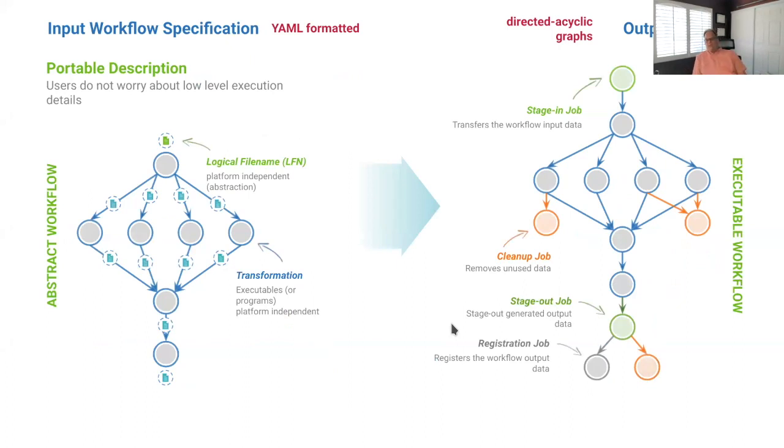Another really important concept of Pegasus is that the way that we describe the workflows is in an abstract workflow. And that's what we see here on the left side. The reason we call it abstract is that it does not have any execution environment specifics in it.